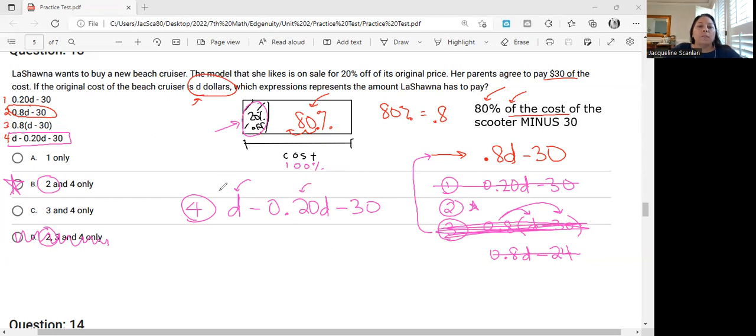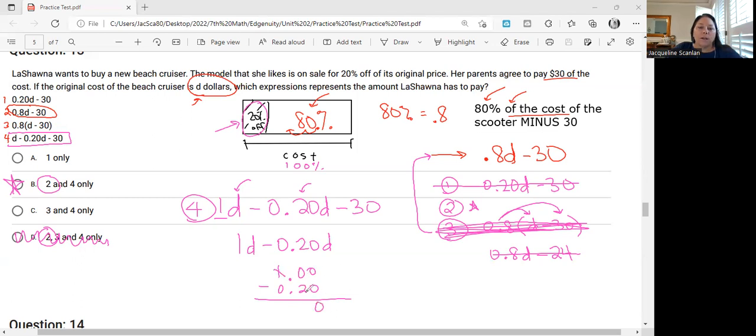And if you look at this mathematically, the invisible coefficient, the number that's sitting invisibly in front of that letter D, is a 1. So if I take 1D and I subtract from it 0.20D, these are like terms, they both have a D.